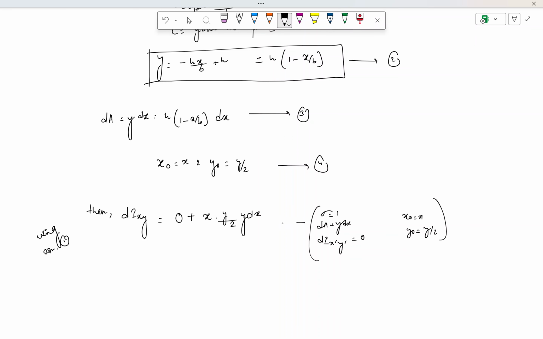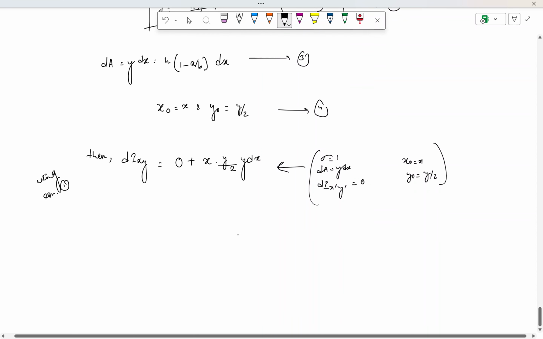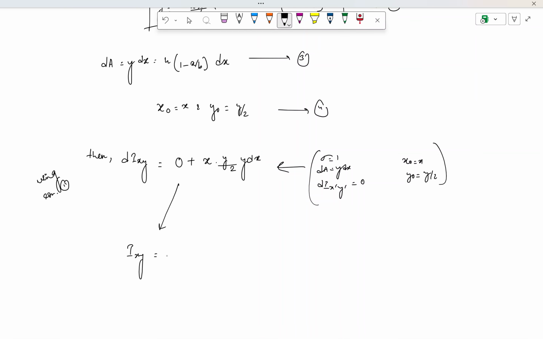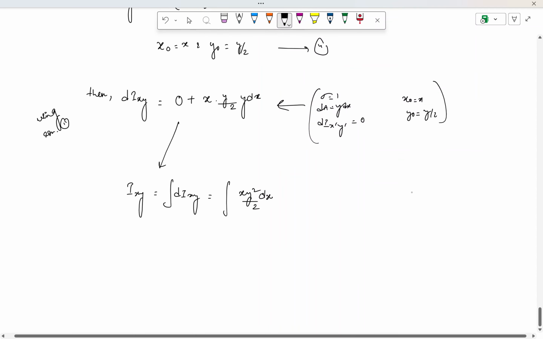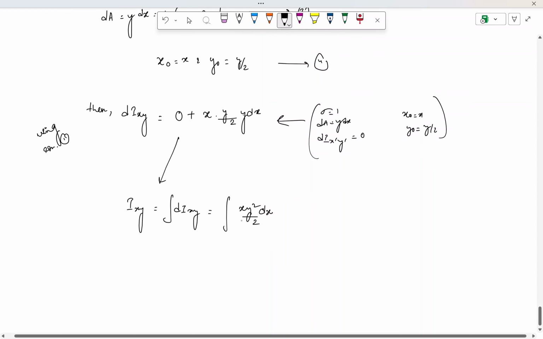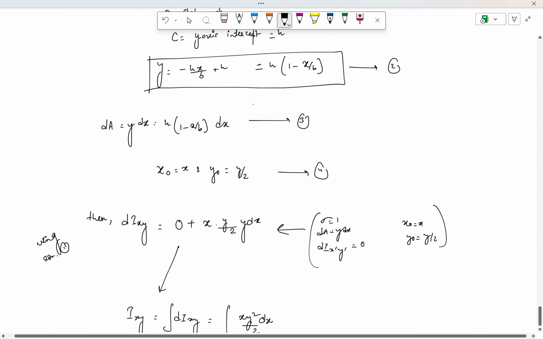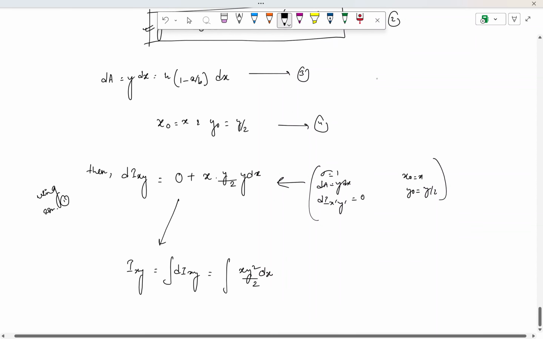These are the formulas or relations that we have used to get to this. Now once this is done, it is simple to calculate Ixy by simply taking an integration. You can convert the whole thing into x, so that the integration is only in terms of x, and for that we'll use the equation of this straight line, y in terms of x, which is equation number 2.